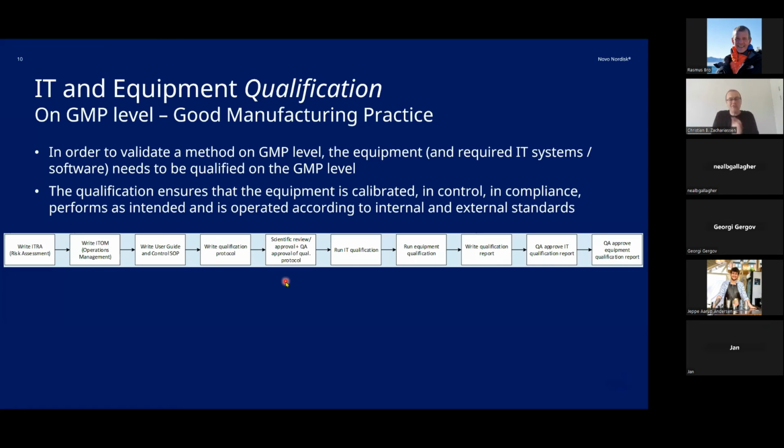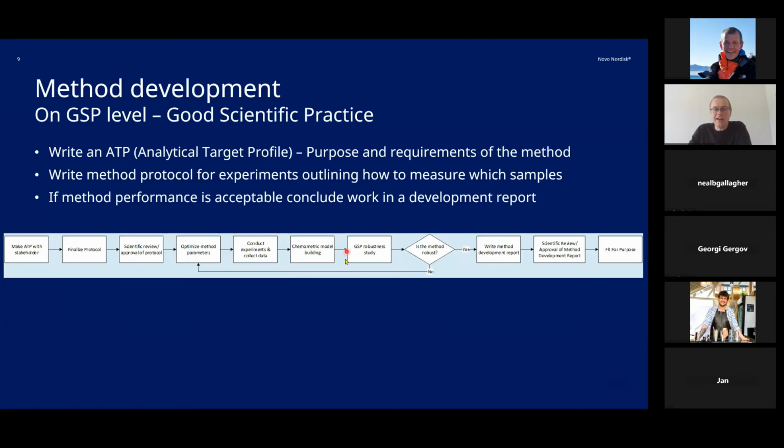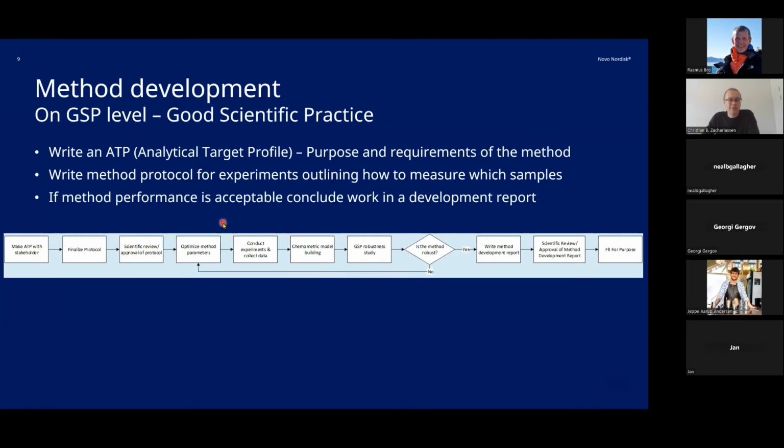So getting back to instrument drift, if during early method development we notice that the instrument is drifting, we would clearly see that our method is not robust, because the results we get after 4 hours do not look at all like the measurements we got when we just turned on the instrument.